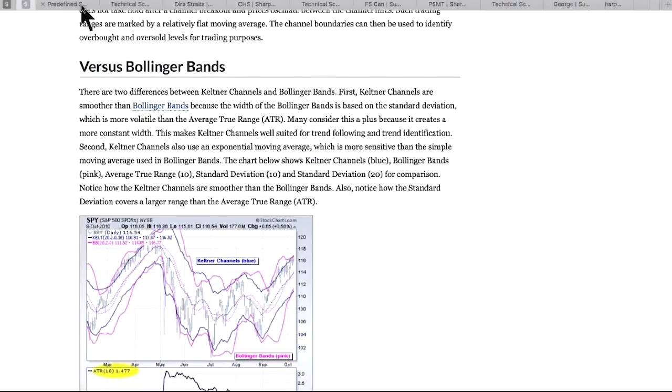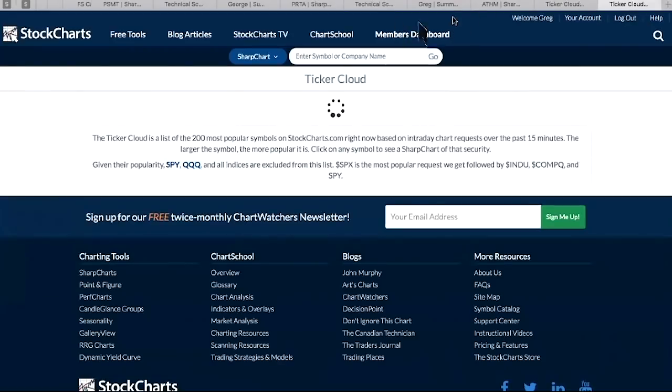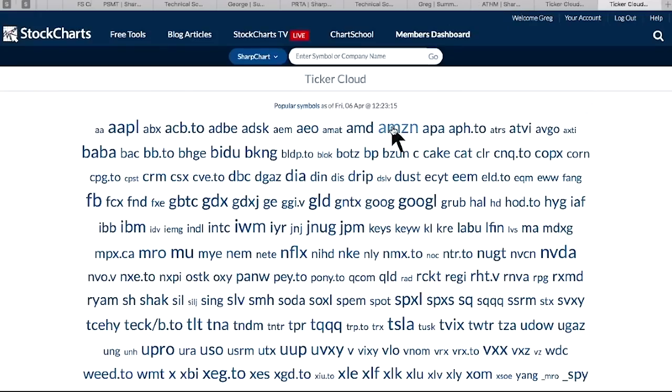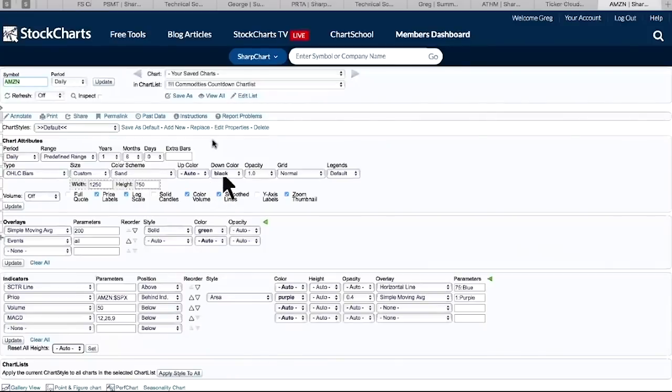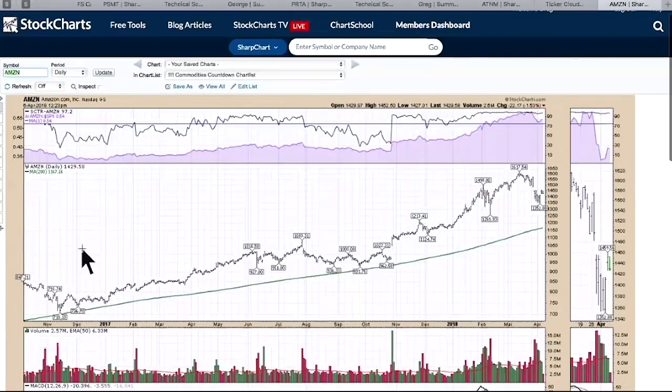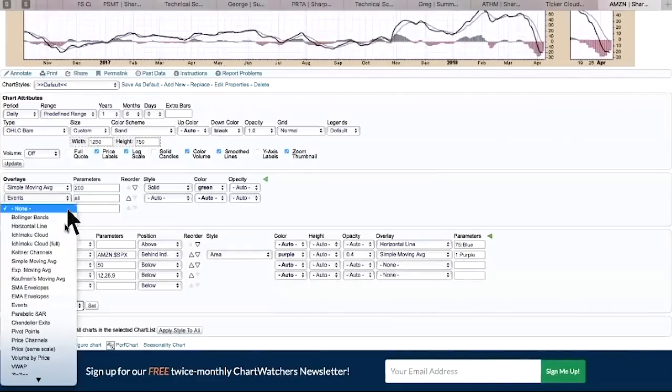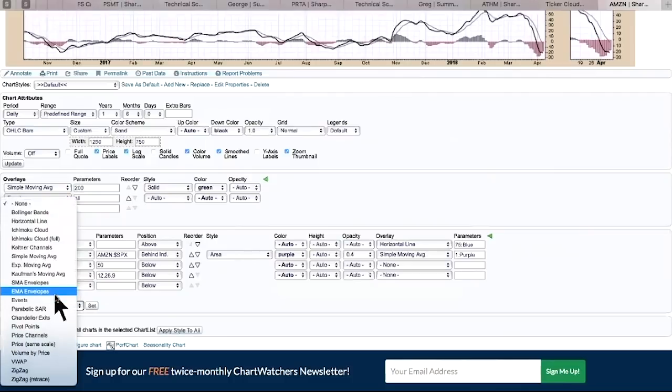So again, maybe I should just go over here and grab any chart. The point I want to make on the setup down here is that we have a whole bunch of different types of channels. We have a Keltner channel, simple moving average envelopes and exponential moving average envelopes, and then we have things like Bollinger Bands.